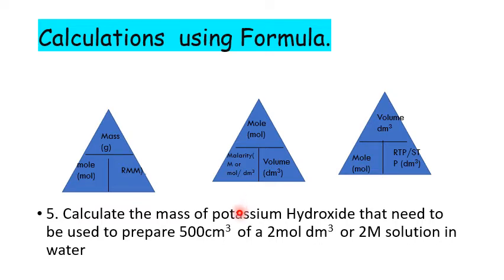Okay, the first thing that we need to do is pick a triangle that's going to allow us to find the moles. That's our first step. Pick a triangle that's going to help us to find the moles, and then use another triangle to convert to whatever variable it is that you want to find.